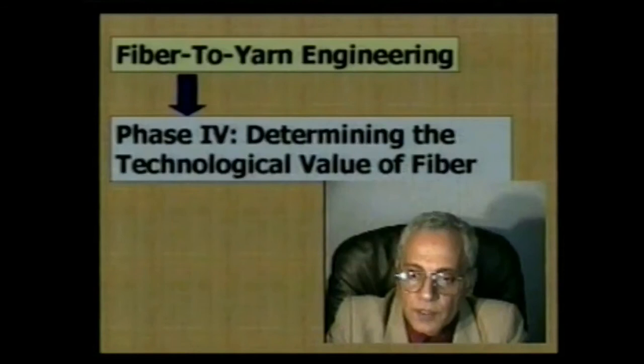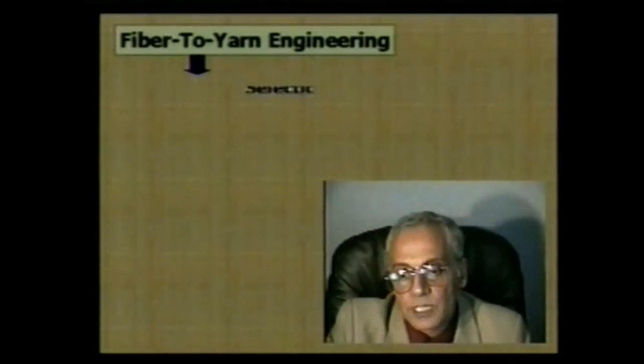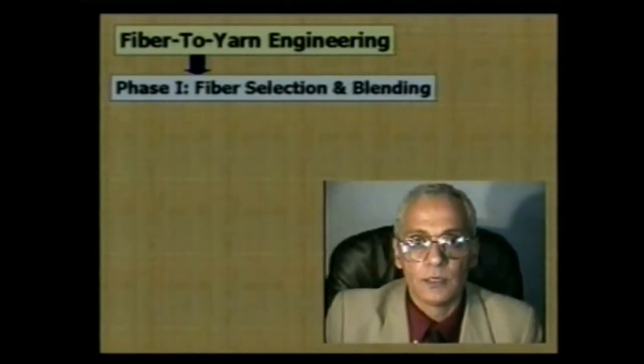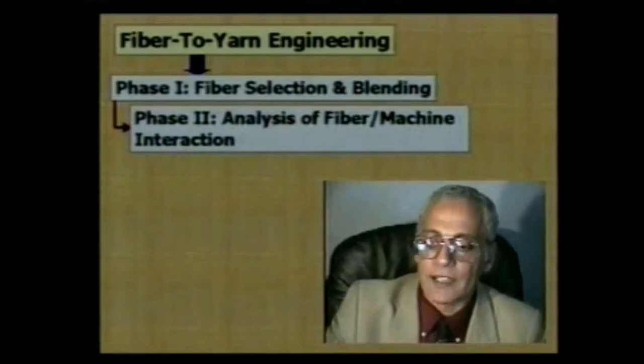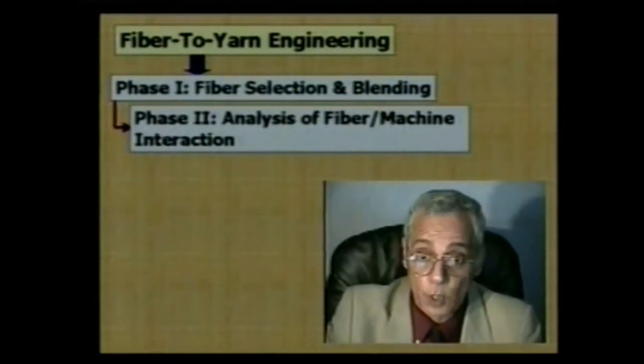Now, these four phases initially should be followed in the order that I mentioned. We have to look at the fiber selection and blending first. Then we look at the analysis of fiber-machine interaction, because we know now that we selected the fibers properly.